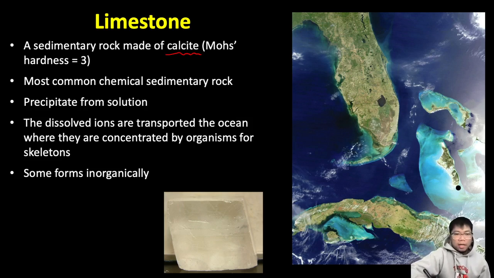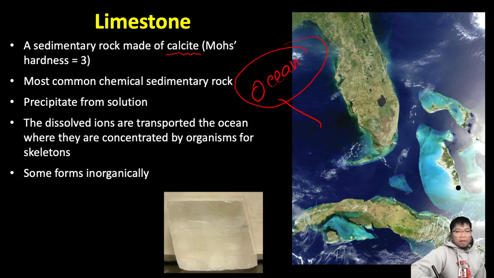Limestone is the most common chemical sedimentary rock on Earth, and it precipitates from water solution, in this case the ocean. There are many dissolved ions that have been transported into the oceans, and when the ocean is saturated with these ions, with the help of some organisms as well, this process could support the formation of limestone.